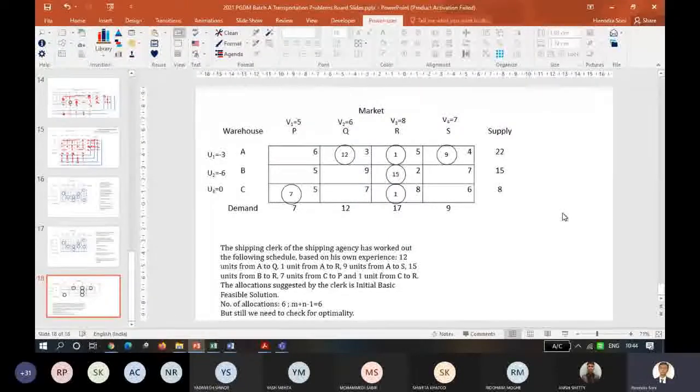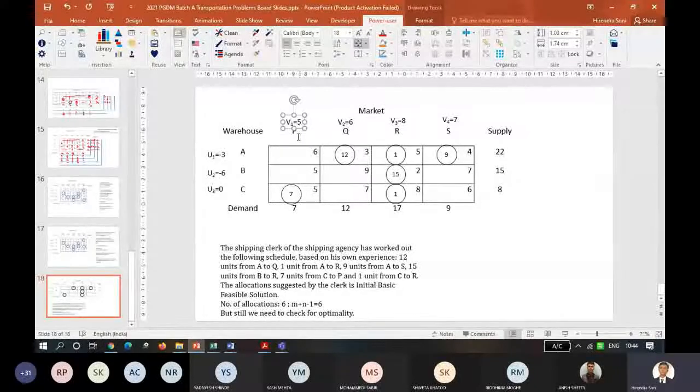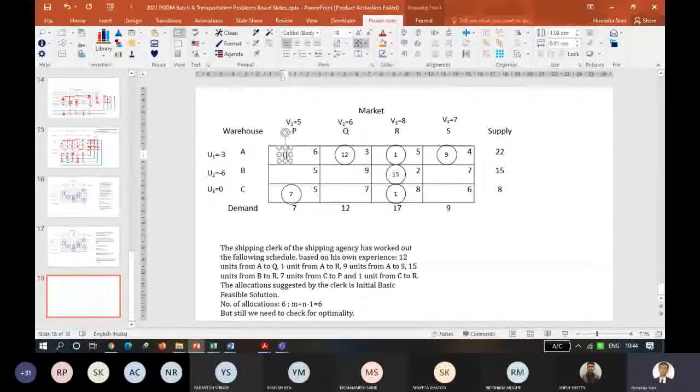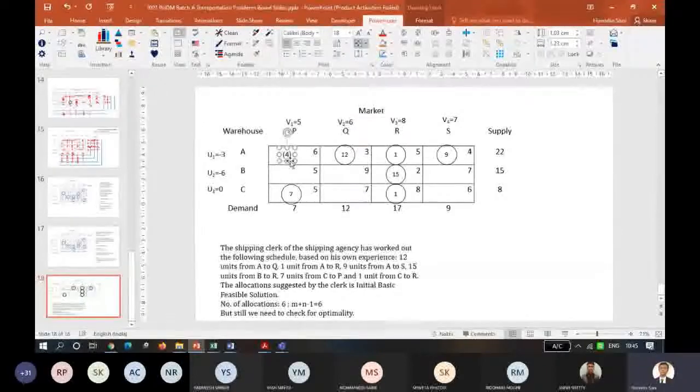Okay. So हम पहले यहीं पर डालते हैं opportunity cost. How much will be the opportunity cost here? -3 plus 5. -3 plus 5 is 2. 6 minus 2 is 4. अभी इस रो में कुछ भी नहीं बाकी है.